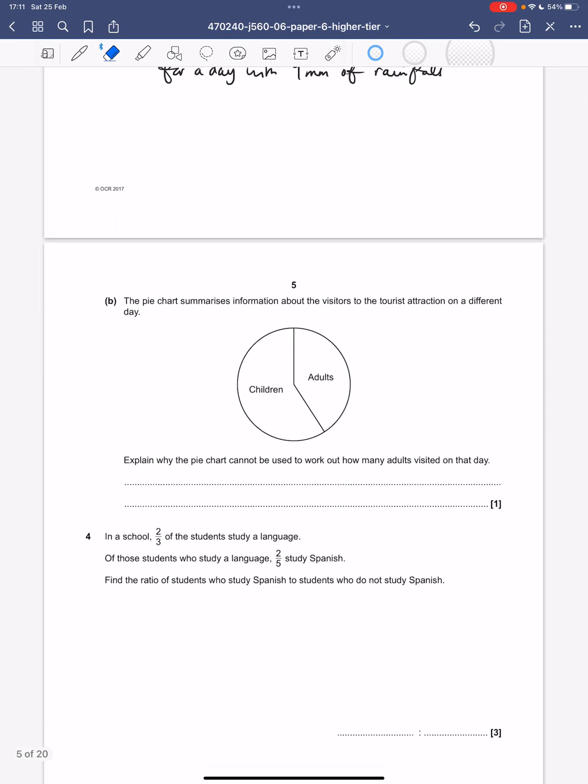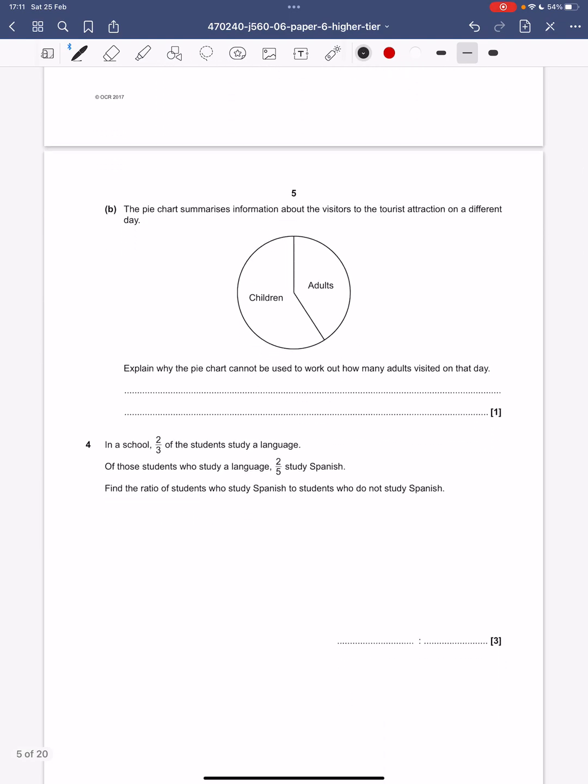B, a pie chart summarises information about the visitors to the tourist attraction on a different day. Children, adults. Why can't we work out how many adults visited that day? We could measure it. We could work out the degrees for children, and we could work out the degrees for the adults. So we could do a ratio.